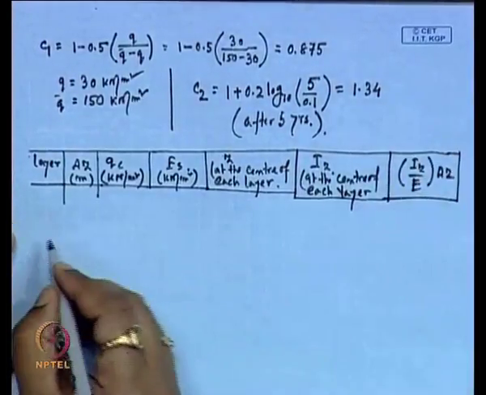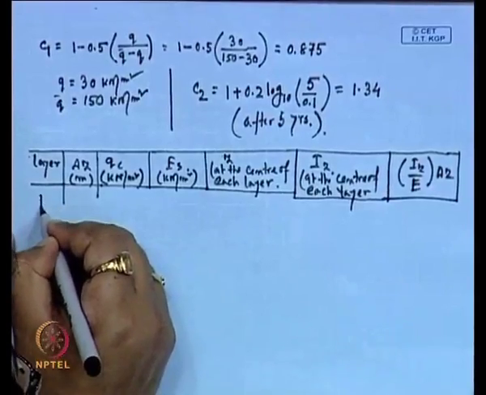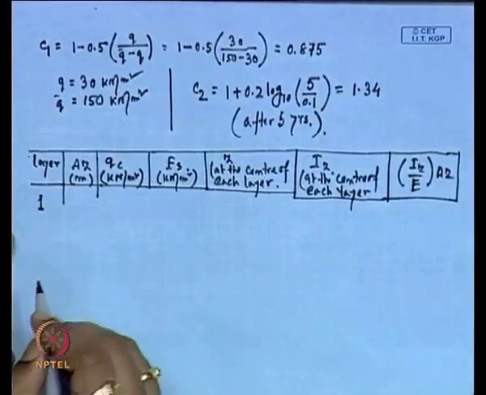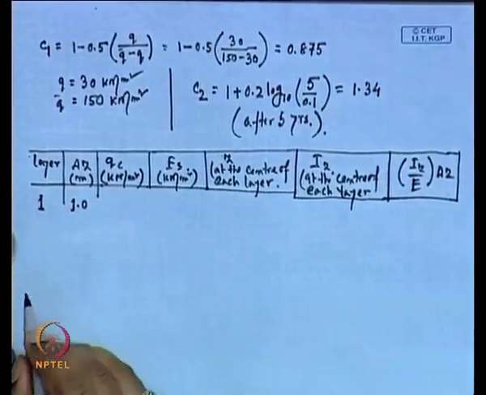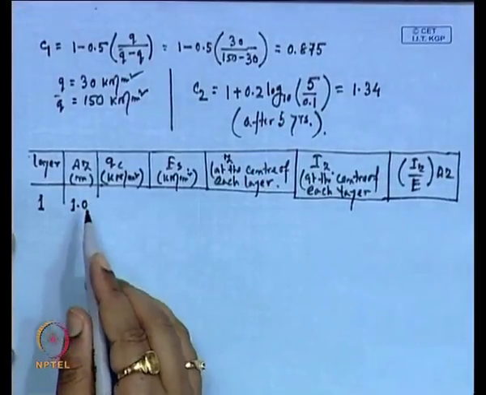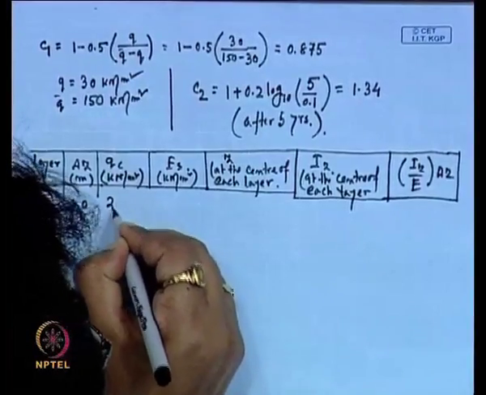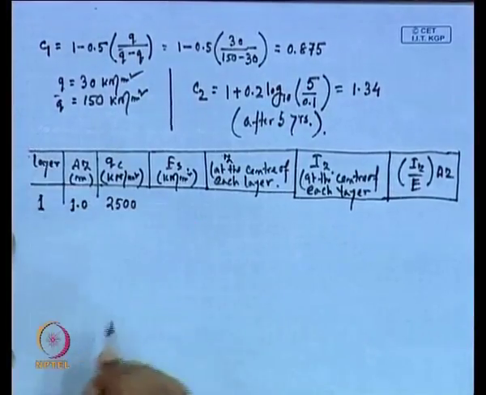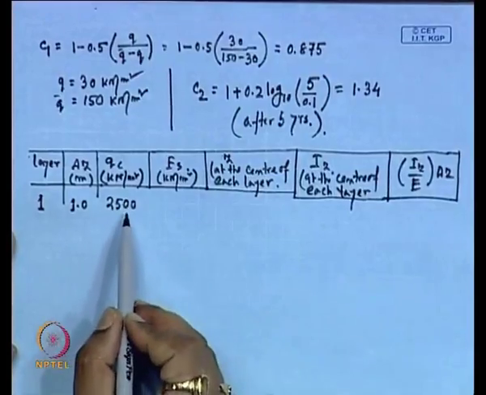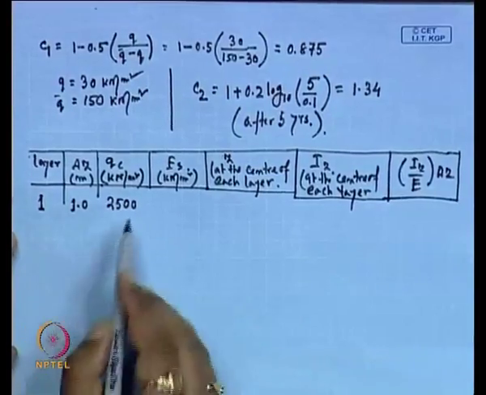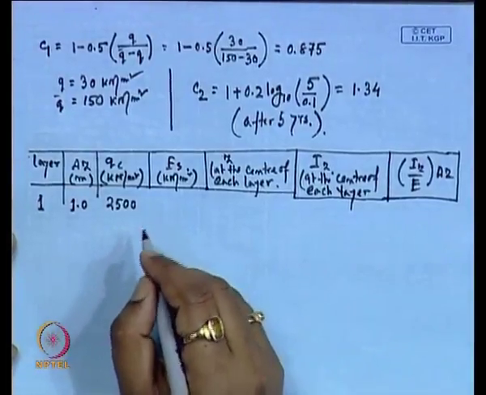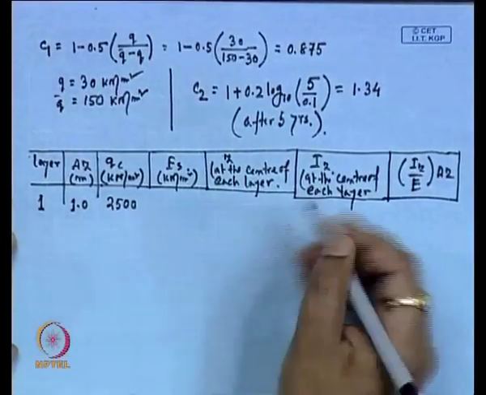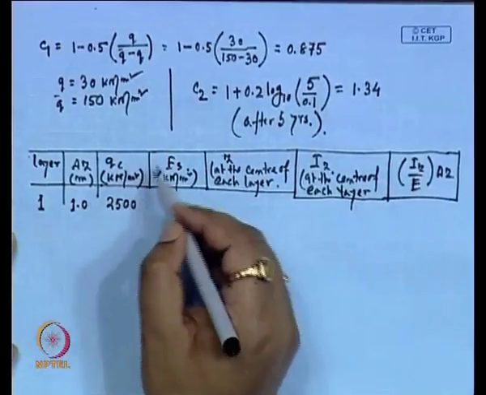So, for the first one, for layer 1, the thickness of the soil that is given is 1 meter, whose Q c is 2500, because these are the measured values, 2500 kilonewton per meter square. And one thing that is mentioned is how to calculate the E with respect to Q c.